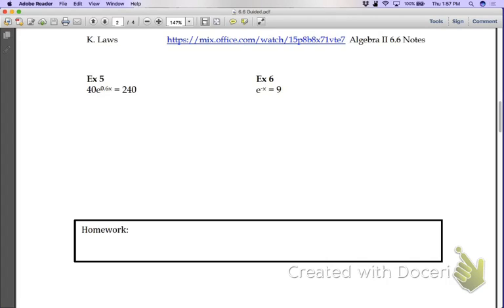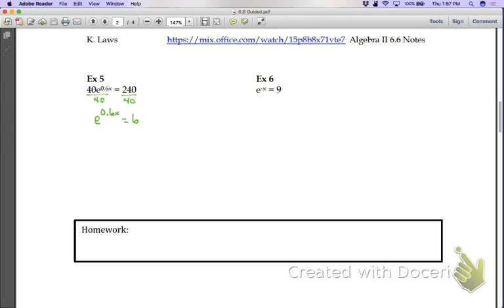What do I need to do first? How am I going to get rid of that 40? Divide by 40. So I divide by 40, I get e to the 0.6x power equal to 6.